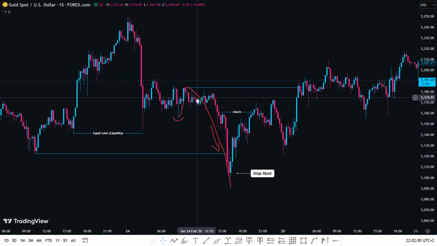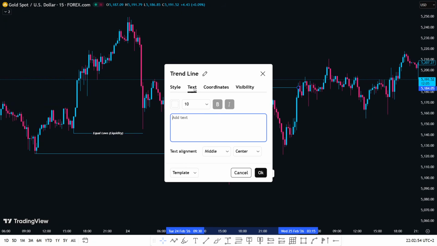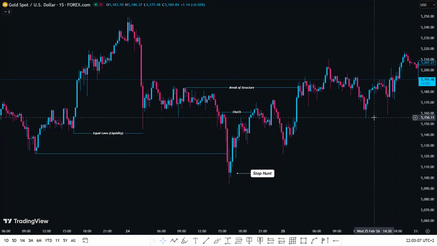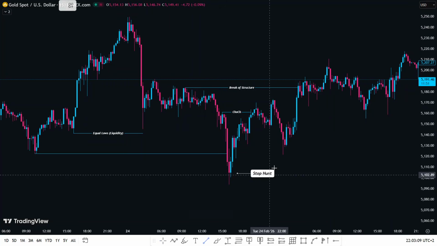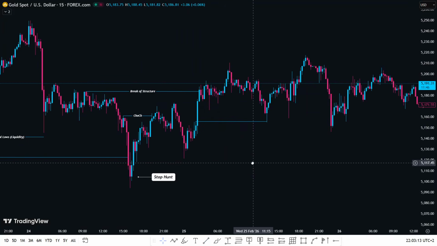This is the major high. So this would be regarded as break of structure. Then from there you can look for possible entries, but we'll talk about entries later.